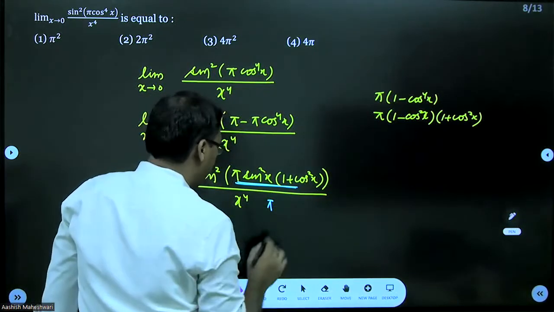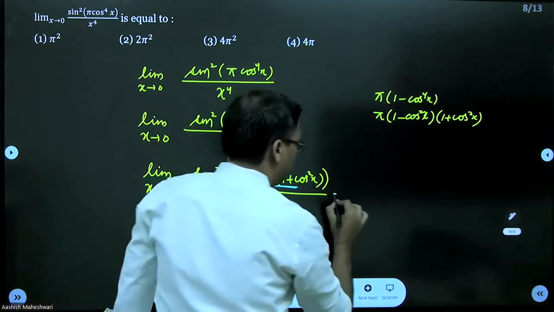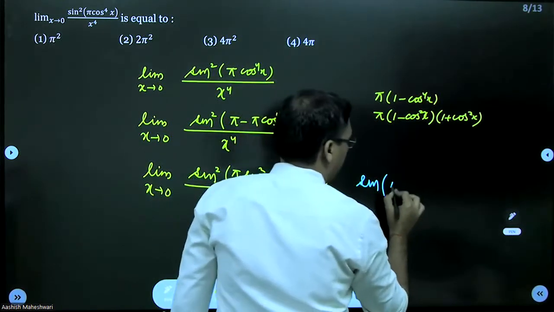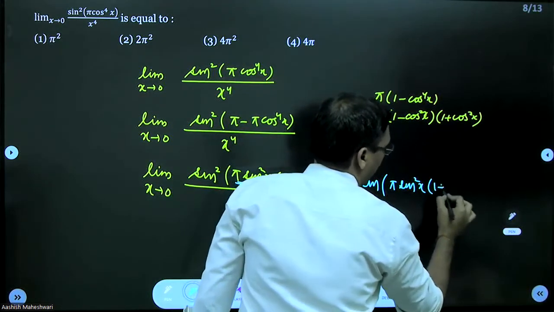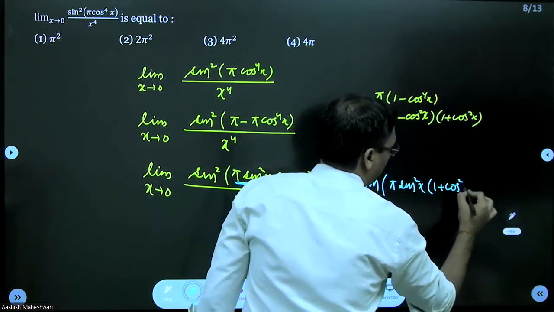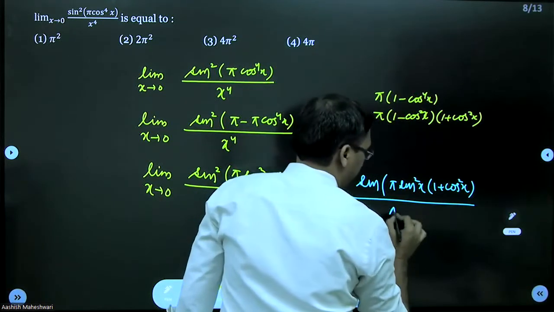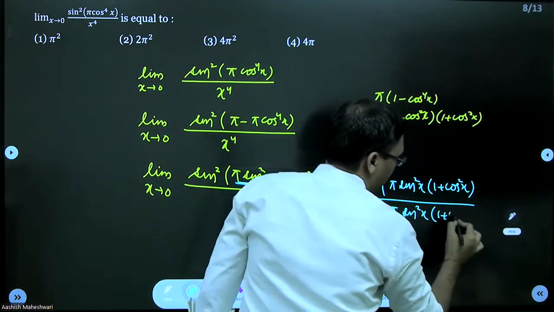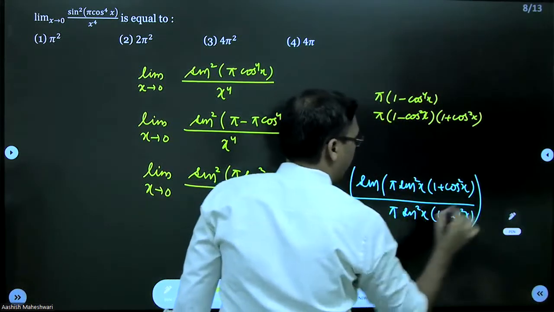We multiplied. Let me write something like this. This is pi sin square x into 1 plus cos square x divided by pi sin square x into 1 plus cos square x, whole square.